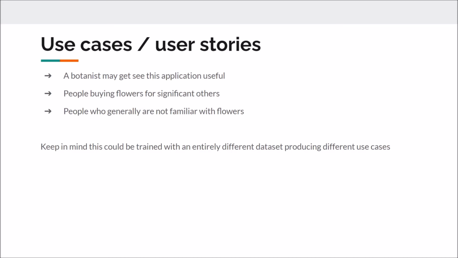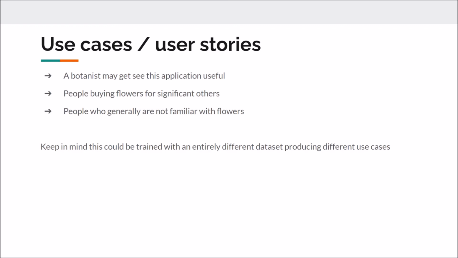plants with more confidence. Second of all, this is kind of a funny situation, but I can see people using it to buy flowers for their significant others. In my situation, there are some significant others that really have a favorite flower.